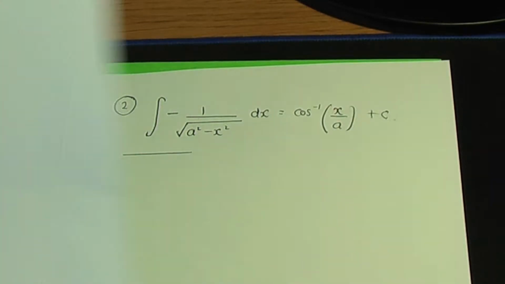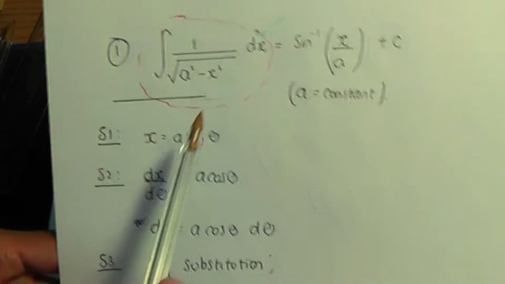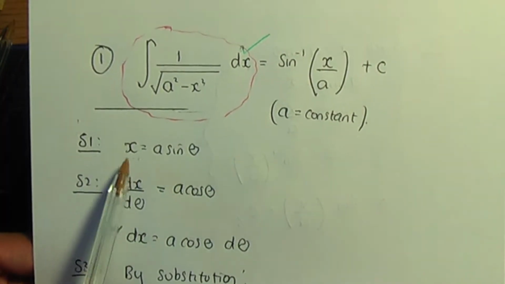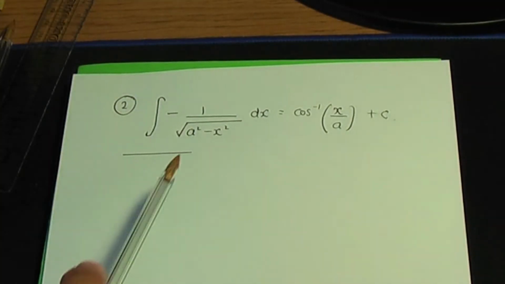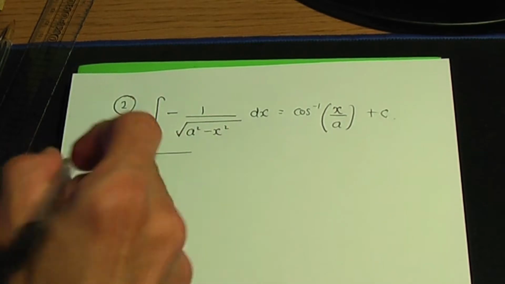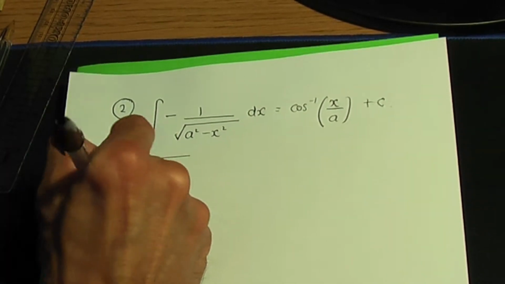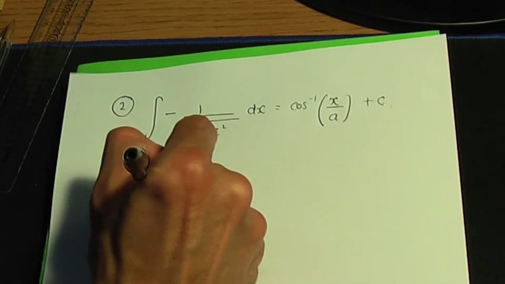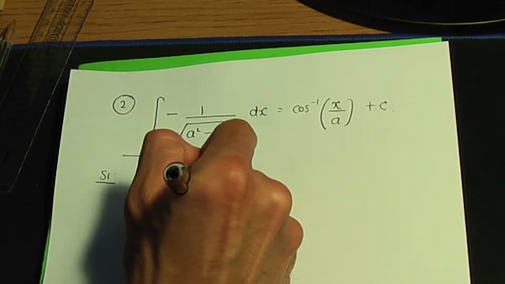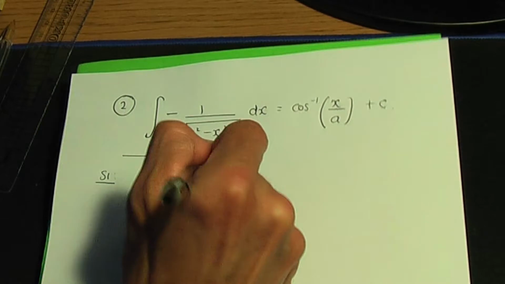So in result number 1, we derived this using substitution, and x is a sine theta. In this result here, result number 2, we're going to use substitution also, and the substitution is going to be a cos theta. So let's let x equal a cos theta.